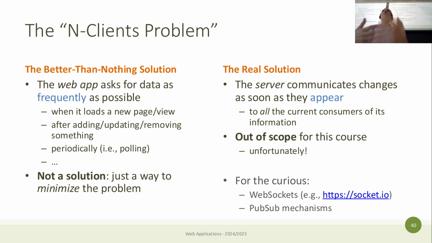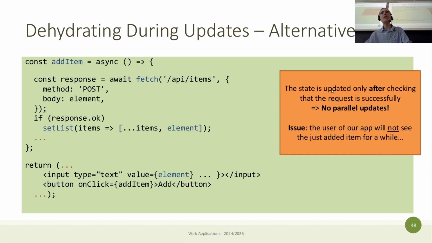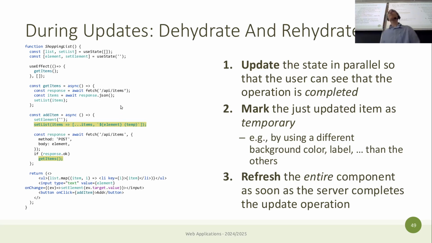The user is expecting that something is changing, and I would say the user is also keen to wait for a while for the response from the server because it initiated an action. Okay, so it's really a good time to refresh the information from the server. So I would say this is probably the best approach because it combines the advantages and leaves behind the disadvantages of the two solutions.